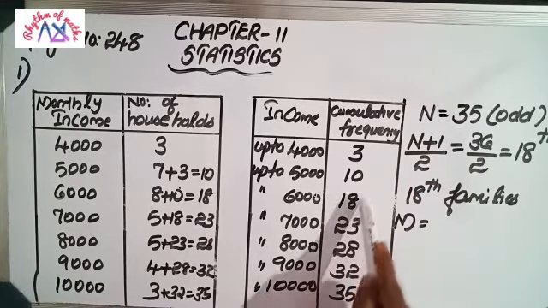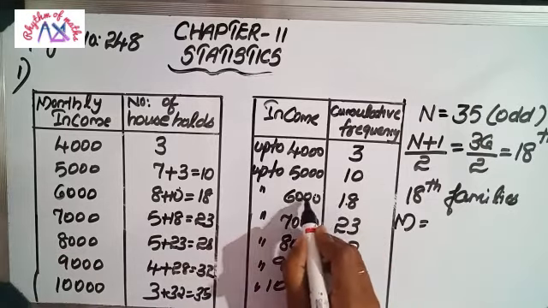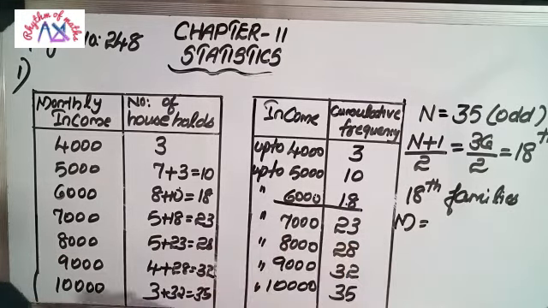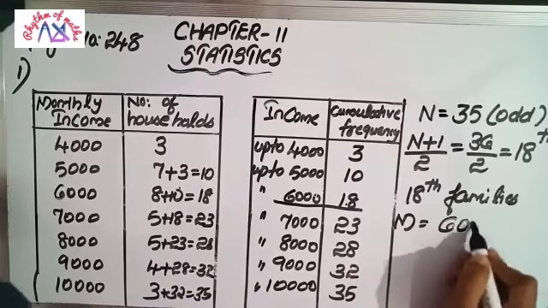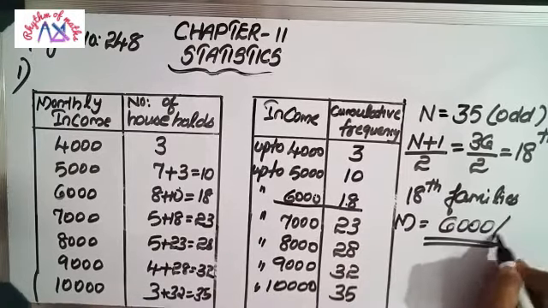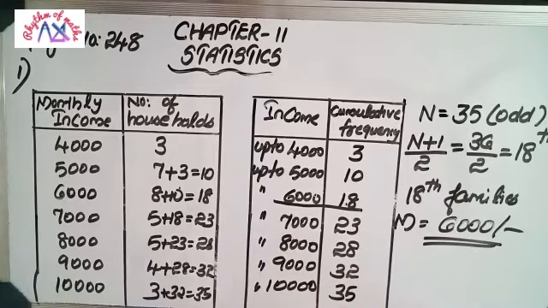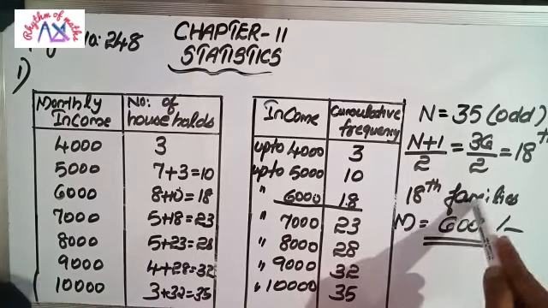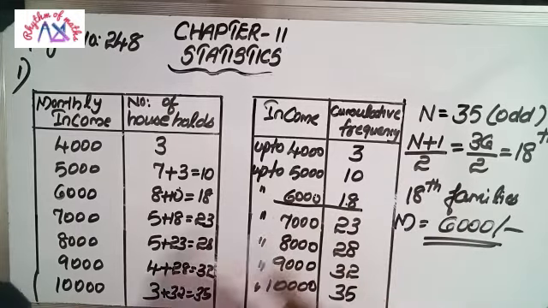Up to 18 families, the 18th family is this one. So here the 18th family's monthly income is 6,000 rupees. That means the median answer will be 6,000 rupees. So 6,000 is the median monthly income because the 18th family's monthly income is 6,000.